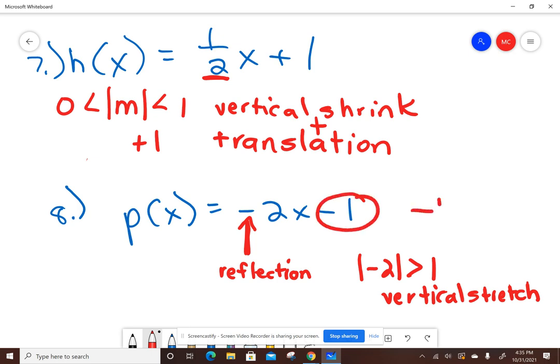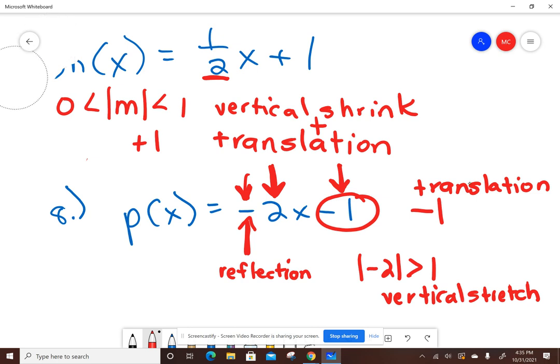And because we're subtracting 1, this is also a translation. So this last one is an example of 3 transformations happening. It's reflecting because it's a negative slope. It's stretching because the absolute value of the slope is greater than 1. And it's translating because basically whenever the y-intercept isn't 0, it's a translation.